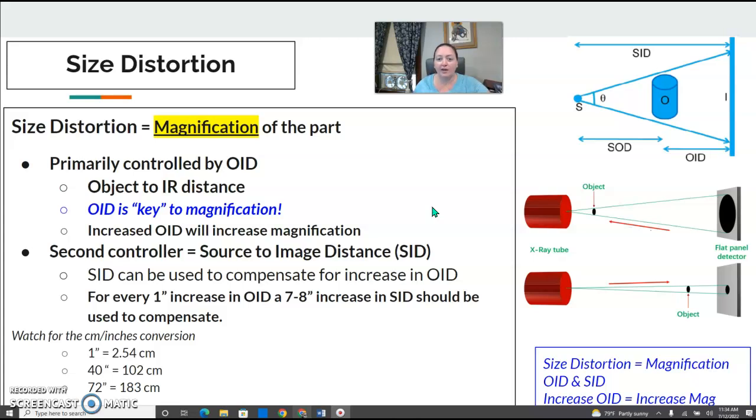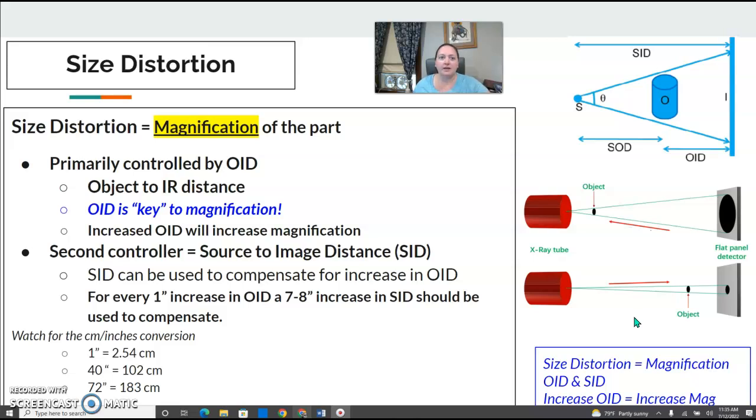Because when you're far away or you have an increased OID, the object will be magnified. So OID is your key to magnification. So a big OID, where the object to image distance is long, is going to be magnified versus where it's shorter, less. Your secondary controller of size distortion is SID, and SID is used to compensate for a big OID.